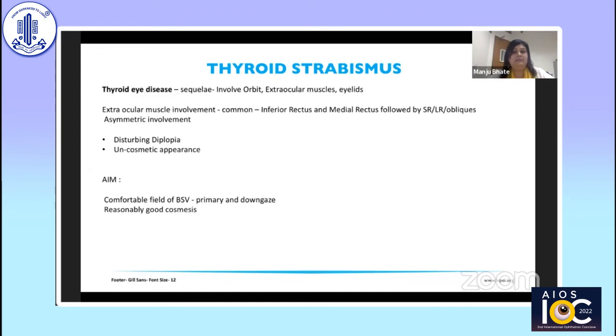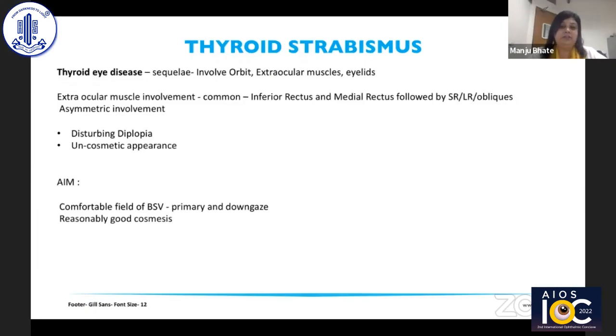If it's a tertiary care center, they've already had some sort of intervention, possibly by the oculoplasty team. And the aim as strabismus surgeons lies in giving the patient a comfortable field of binocular single vision, both in primary as well as down gaze, and a reasonably good cosmesis.